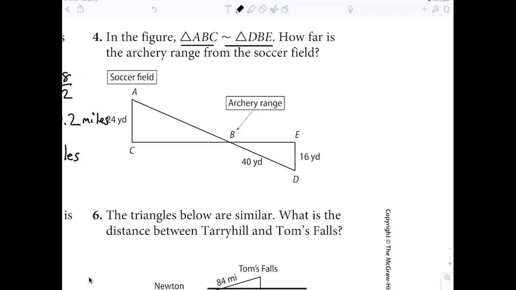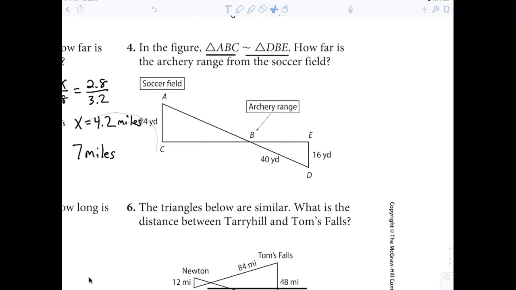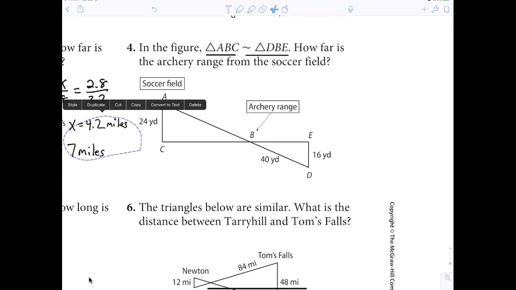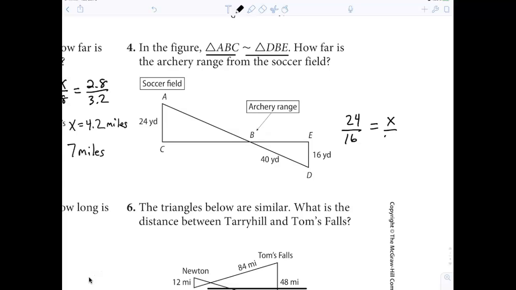All right, CC, why don't you help me out here? 24 over 16, I like that. Now, X, of course, is the soccer field to the archery range. That's exactly correct, kiddo. Thank you.